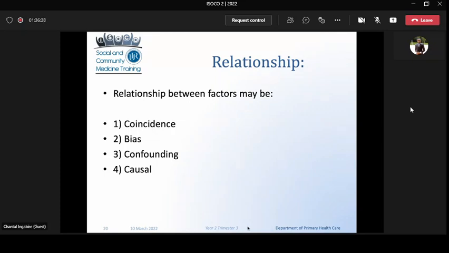Any contribution about the confounding relationship of the exposure and the outcome? Any contribution, dear team?